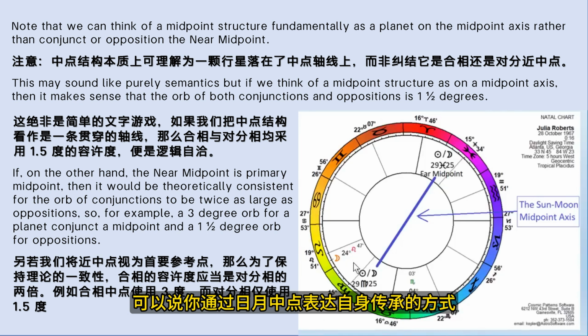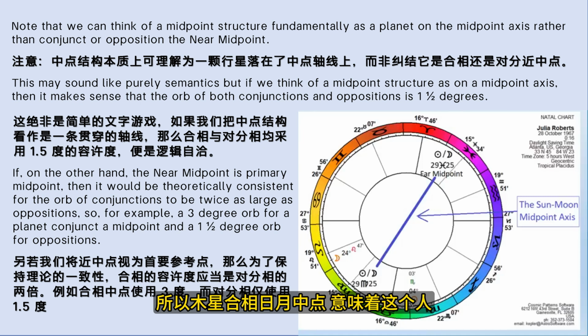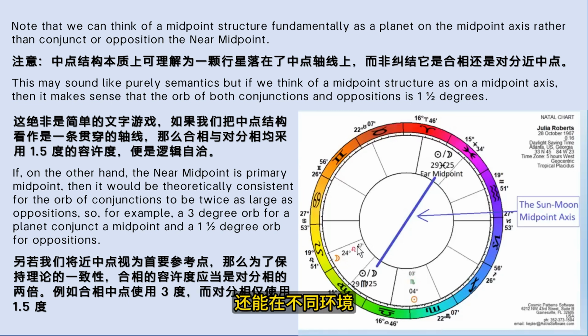So the way you express your heritage in your life, Sun, Moon midpoint, Jupiter means it's open, it's growing, it's easily accessible. So Jupiter conjunct Sun, Moon midpoint indicates a person who relates well to many different kinds of people, is easily approachable, and connects well with a large range of different kinds of people, and is able to make relationships between different kinds of environments, different kinds of communities, and so on.